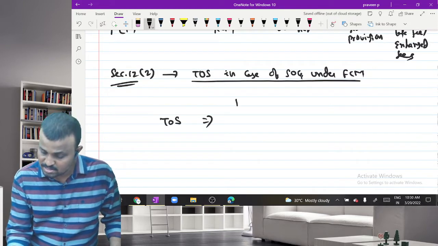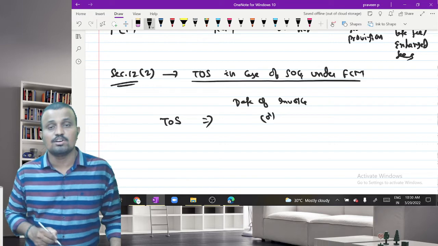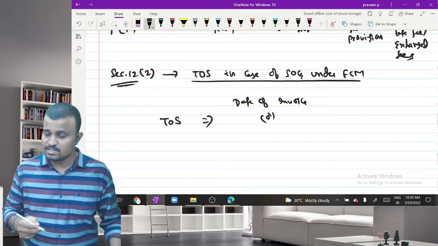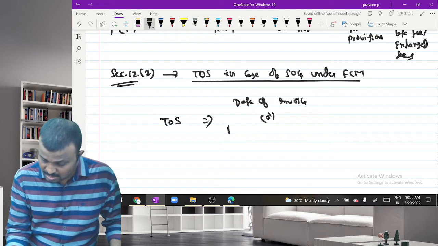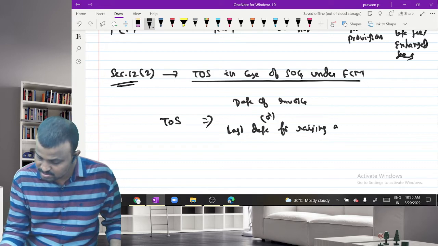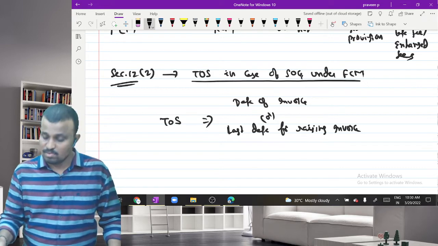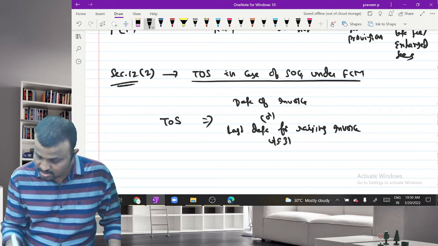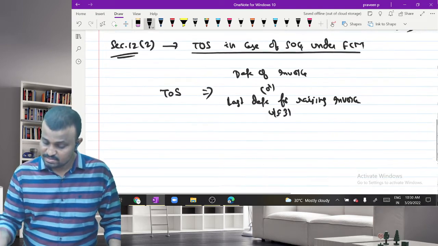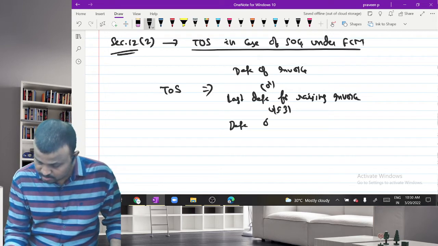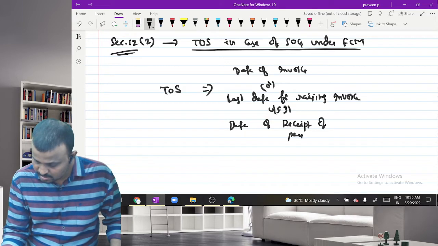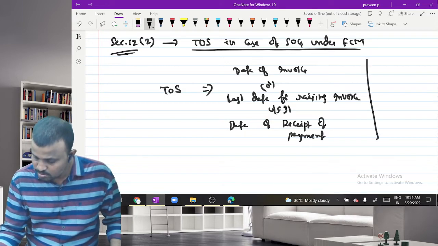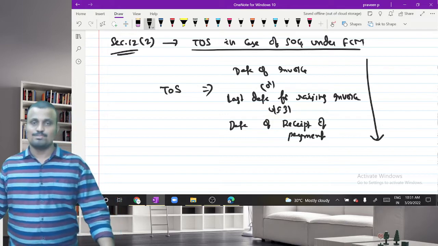Time of supply is nothing but the date of invoice, which stands for the date on which the invoice is raised by the supplier, or the last date for raising the invoice, or the invoice ought to be raised, under section 31 of the CGST Act 2017, or the date of receipt of payment, whichever is earlier. This is said to be our time of supply.